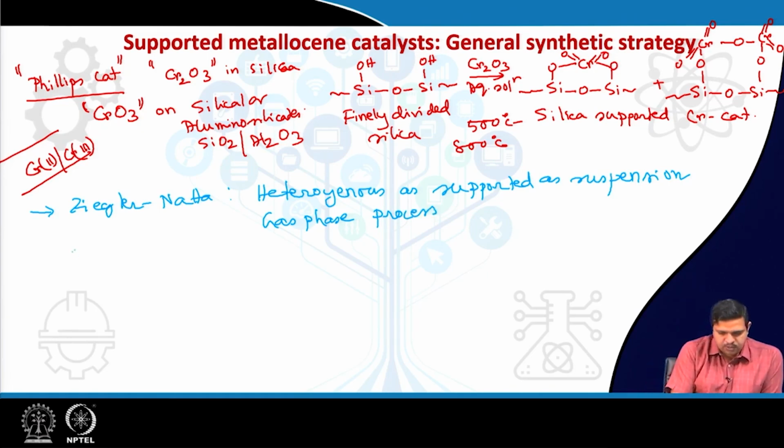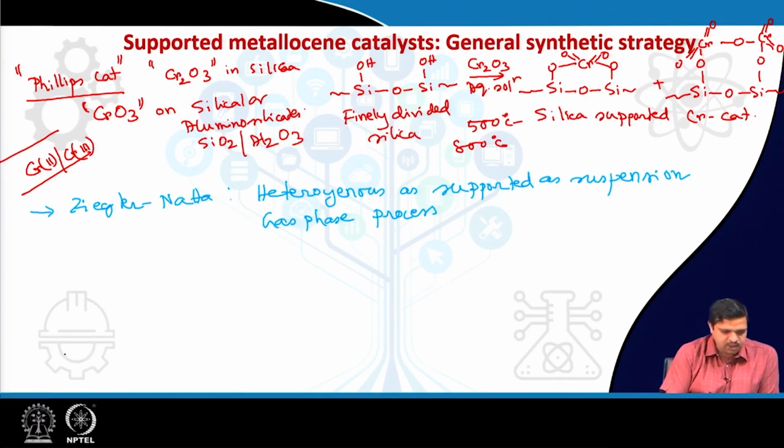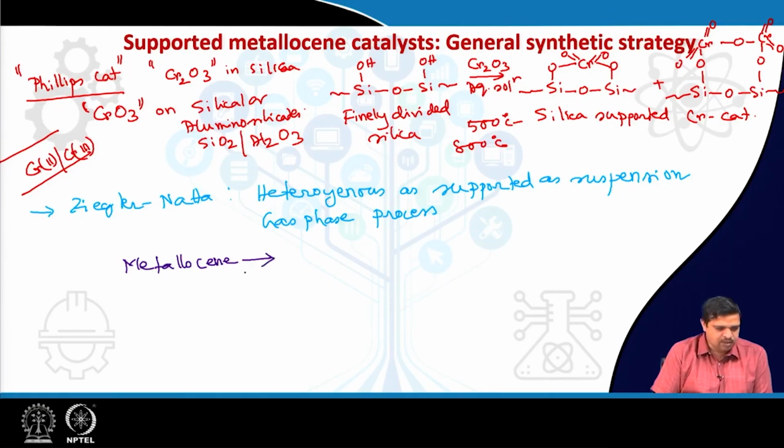For the metallocene catalysts also, with the previous knowledge, because the Ziegler-Natta catalyst was very successful, a similar approach can be done. This is called drop in technology.